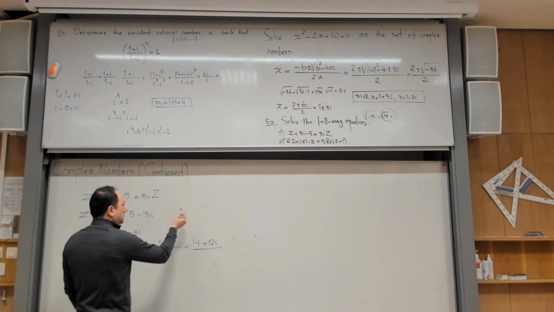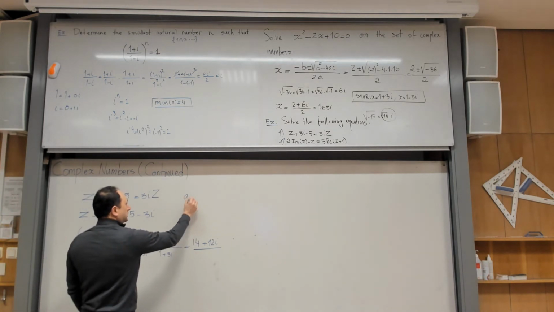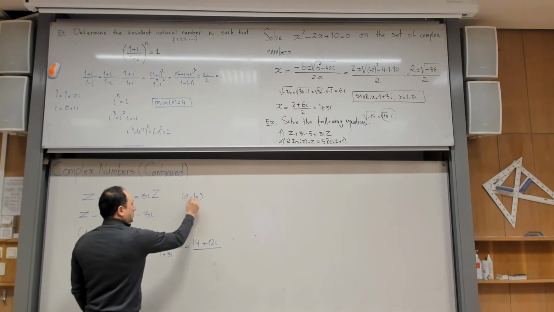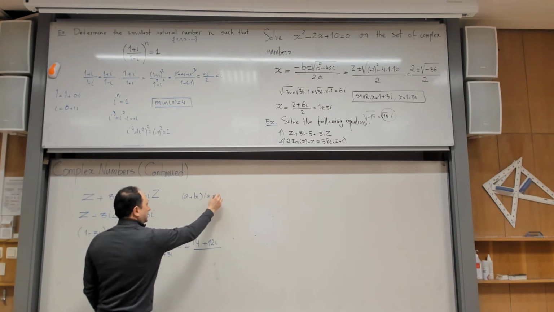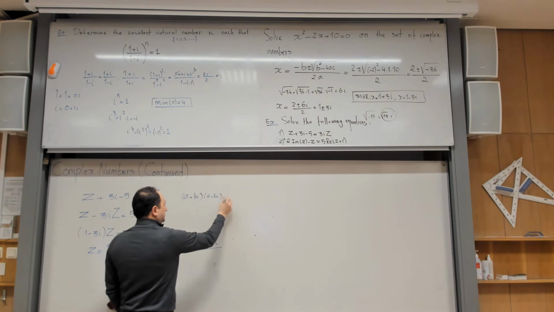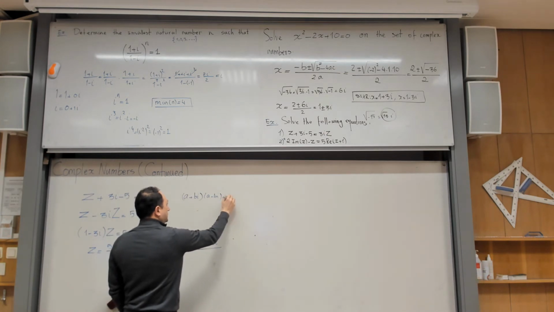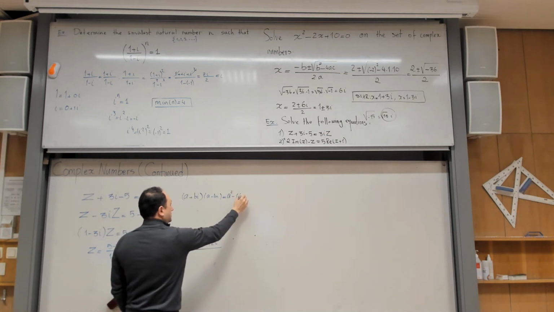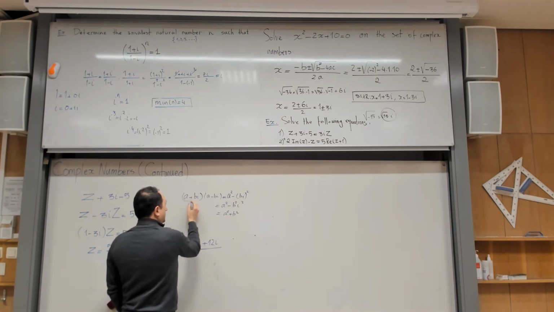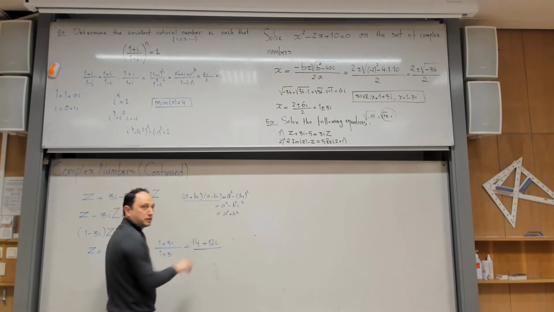So remember, if you want, we can do it once for all, yes? a plus bi multiplied by a minus bi. We will see it, of course, later in a systematic way. So this becomes the first one squared minus the second one squared. But then it becomes a squared plus, now minus b squared i squared, and then it becomes a squared plus b squared, yes? So whenever you multiply a number by its conjugate pattern, it becomes a squared plus b squared.